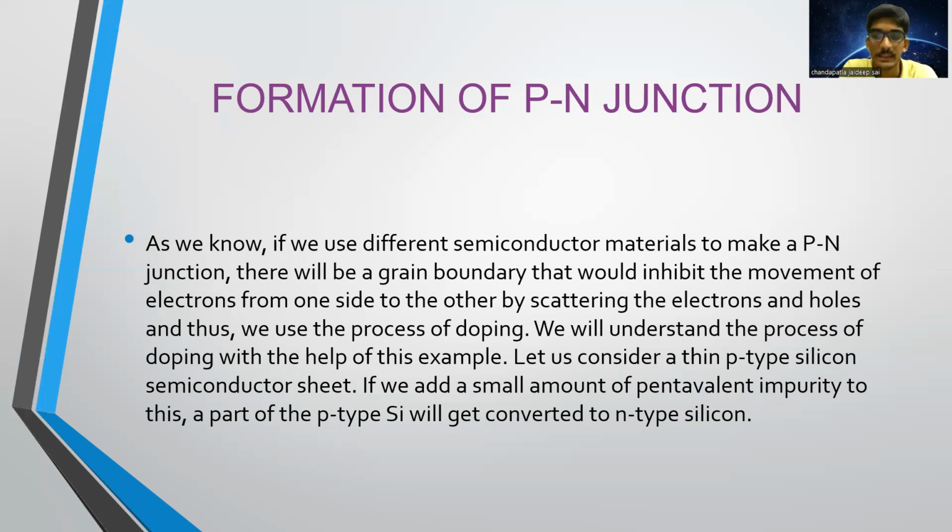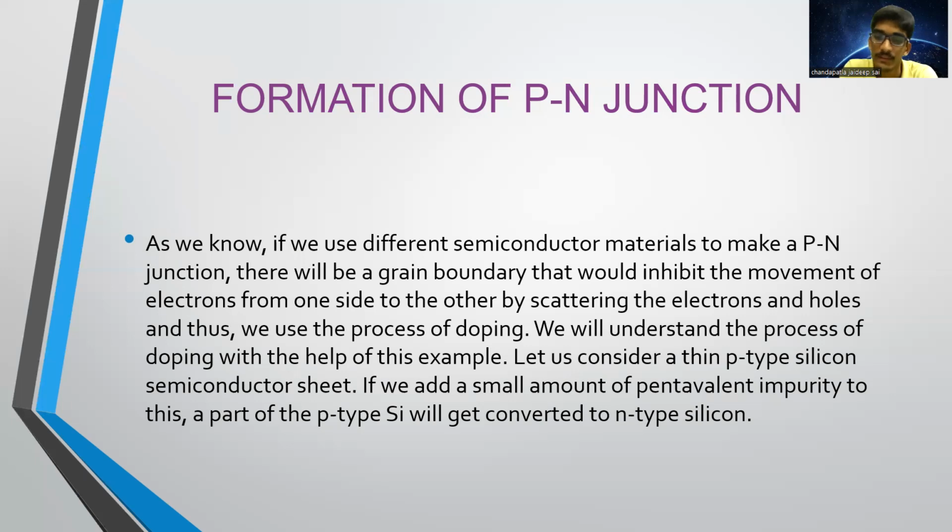Let us consider a thin p-type silicon semiconductor sheet. If we add a small amount of pentavalent impurity to this, a part of the p-type silicon will get converted into n-type silicon.